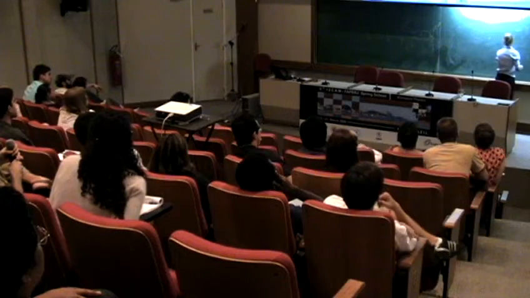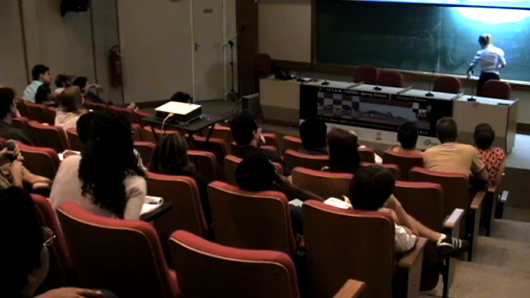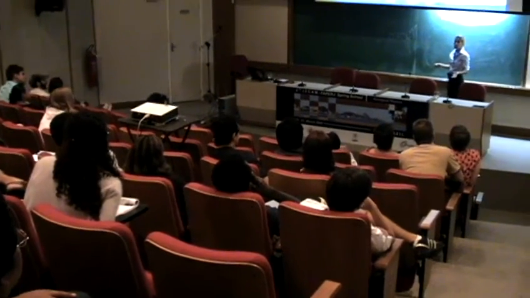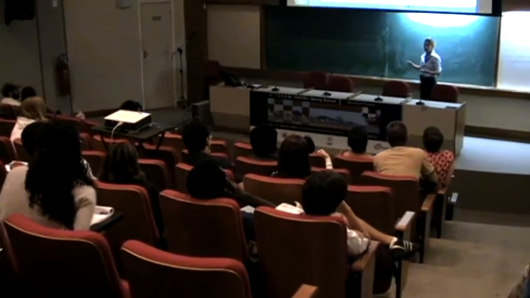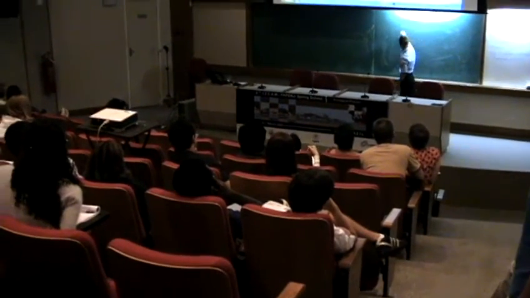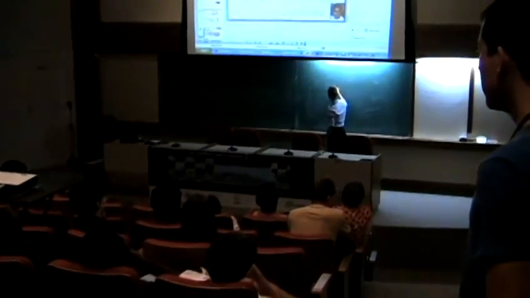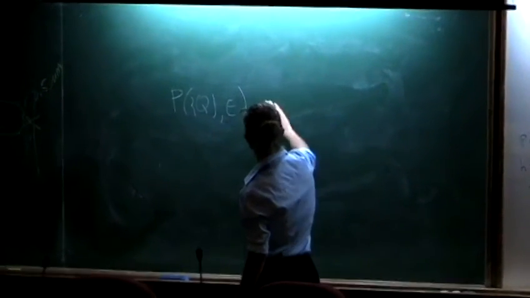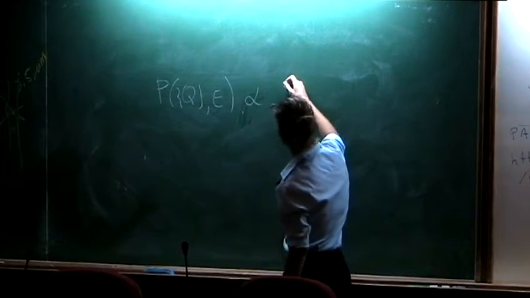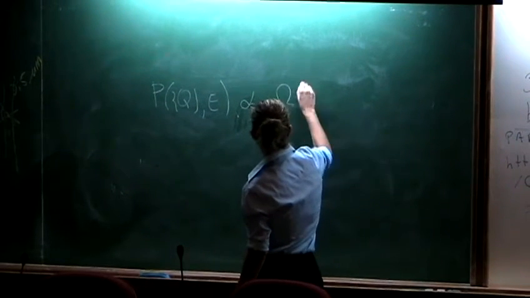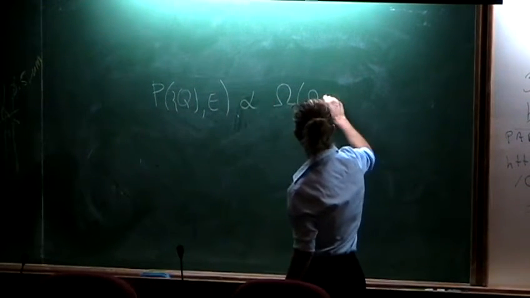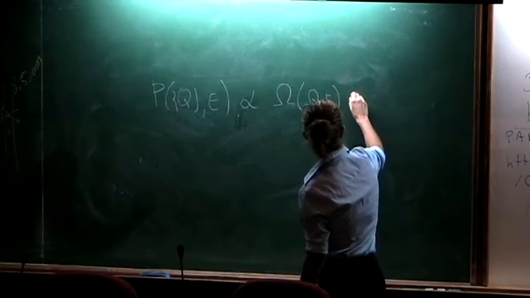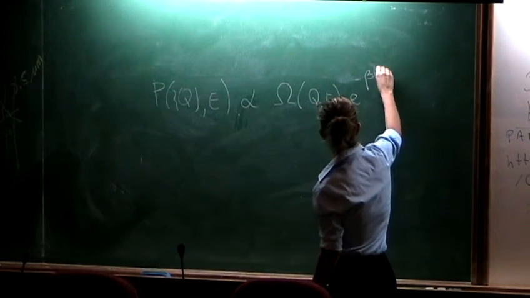In principle, if you have the Boltzmann distribution, if you really go to equilibrium at infinite time, with the perfect ensemble, the probability of observing a given Q, a set of coordinates, and a given energy is proportional to the density of states, Omega of Q and E, times the exponential Boltzmann factor.